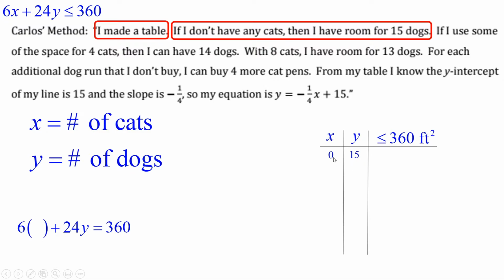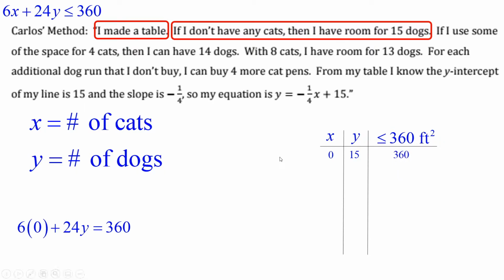We have 0 cat pens, so 6 times 0, plus 24y is 360. Let's check his arithmetic. Let's take this 360 and divide it by the 24 to see if y does equal 15. So here we go. 360 divided by 24. Hey, the 15 works. So again, that's going to be exactly 360 square feet.